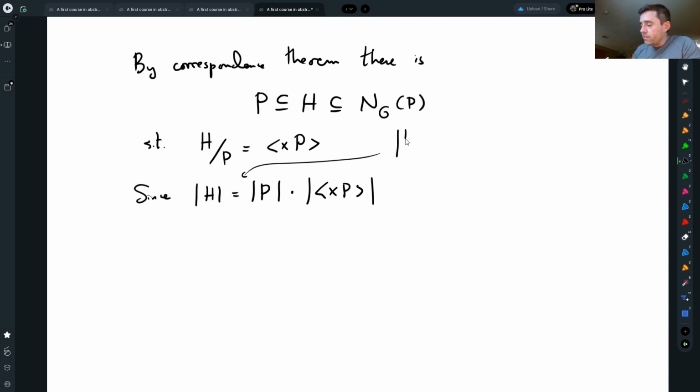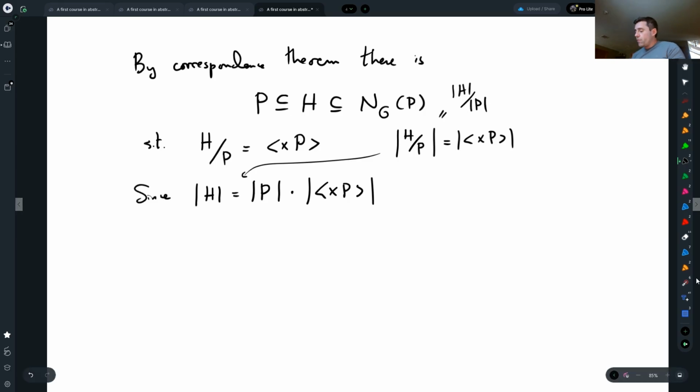I get that the size of the quotient is the size of the subgroup generated by this coset, and this itself is the size of H divided by the size of P, and therefore I get this identity.